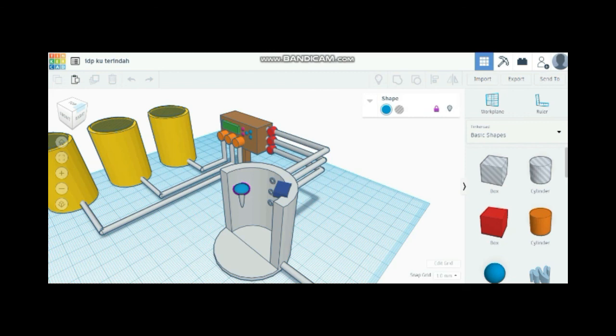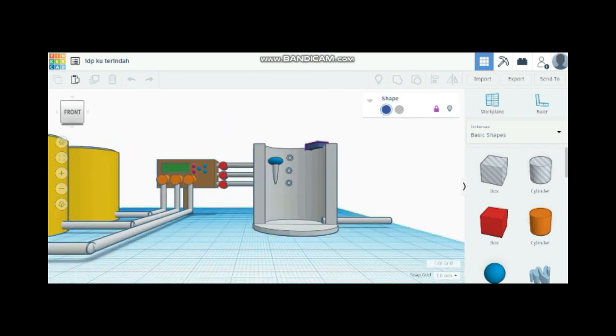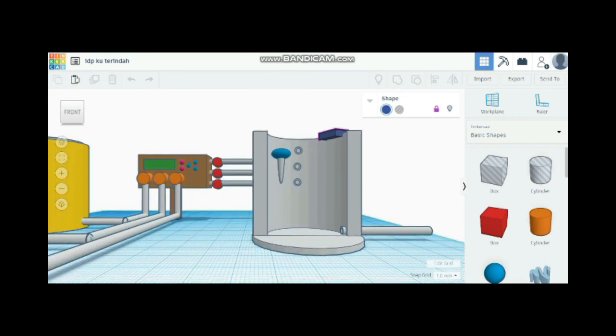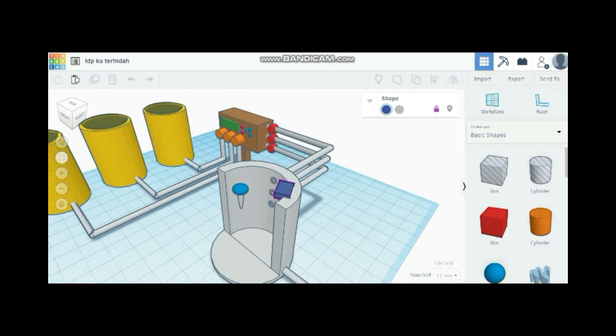Then the water level uses the ultrasonic sensor. This sensor will measure the quantity of water in the tank to prevent overflow. So this is how our project works.